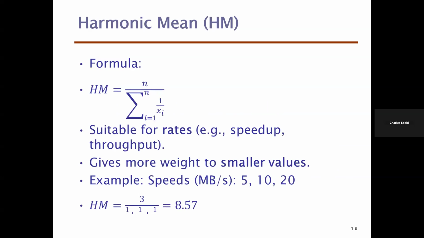Okay, the next is the harmonic mean. I would say it is the reciprocal of the arithmetic mean of reciprocals. Wow. The reciprocal of the arithmetic mean of reciprocals is what we call the harmonic mean.